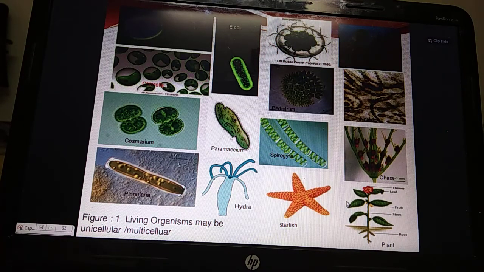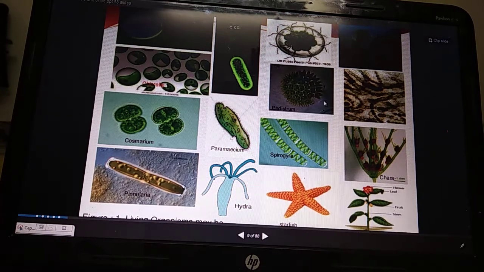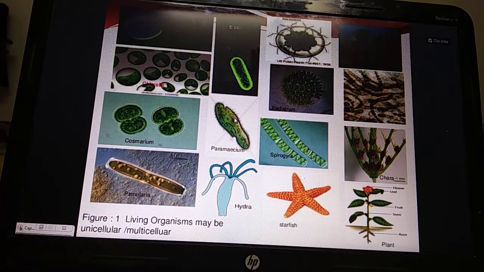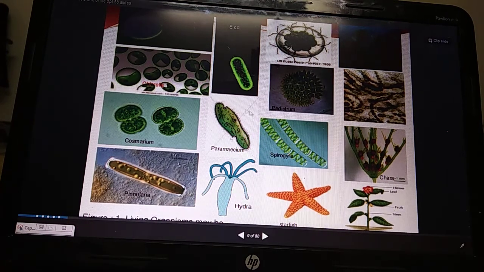So see, these are the different shapes of the cell. This rod-shaped E. coli bacteria, paramecium, shoe-shaped, because the structure of a unicellular organism is also the single cell. Then this is Spirogyra, it is multicellular. So these are many cells, and this is one cell.